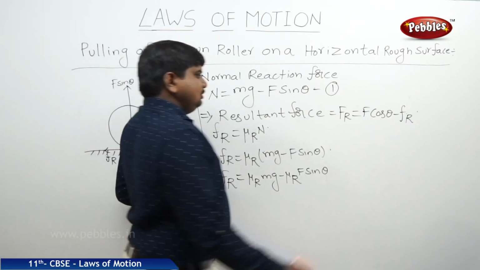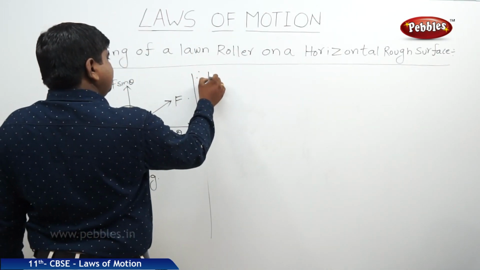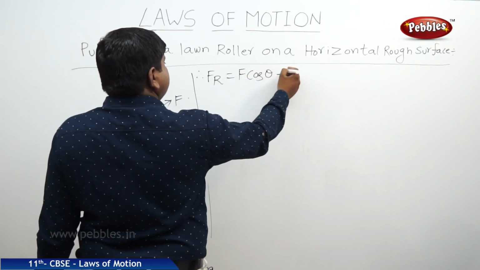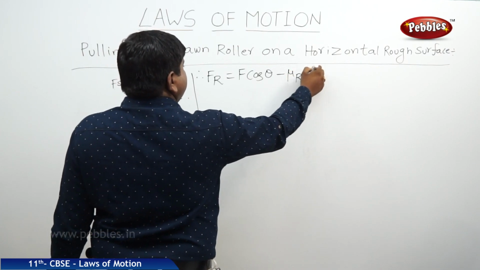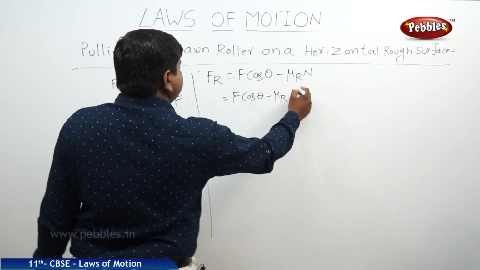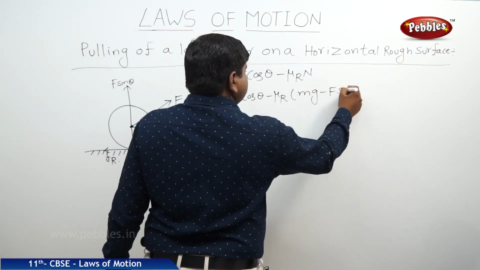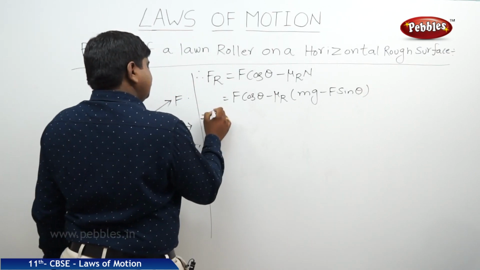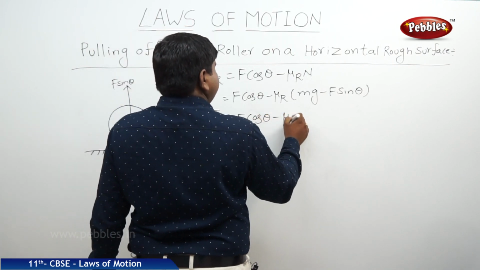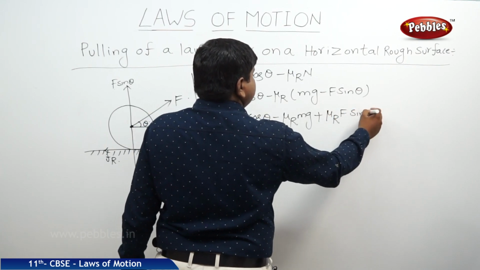This Fr value should be substituted in equation 2. So the net resultant force is equal to F cos theta minus mu r N. Therefore, F cos theta minus mu r into, where N is equal to mg minus F sin theta. Therefore, it is F cos theta minus mu r mg plus mu r F sin theta.